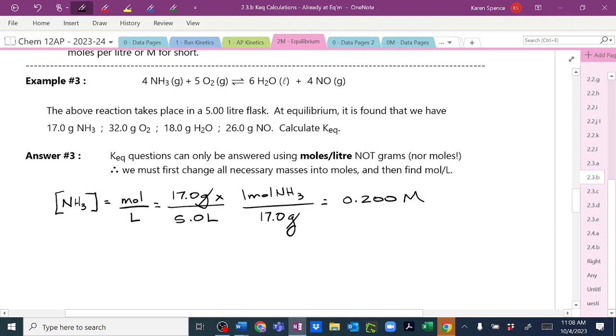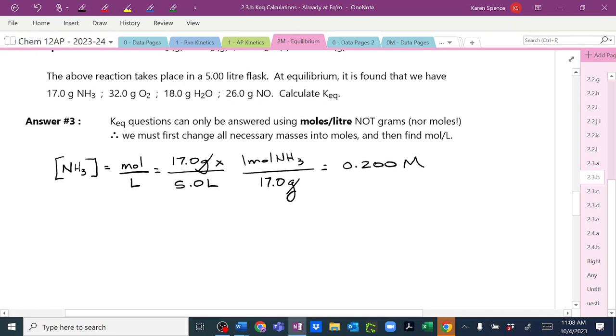You can show this in 2 steps as well. I'm just lazy and I like doing it in 1 step, but you can show the finding moles and then dividing by liters. I'll do that for the oxygen.